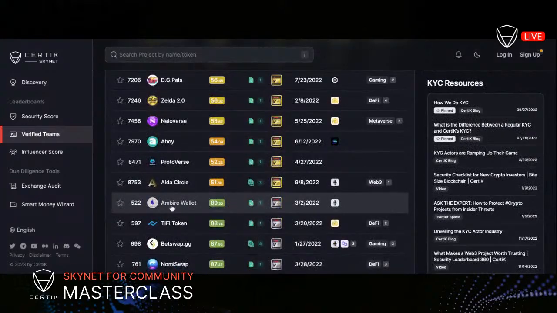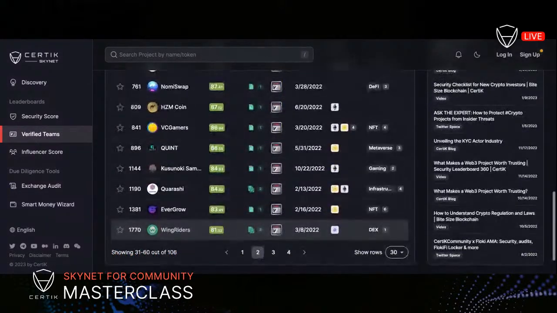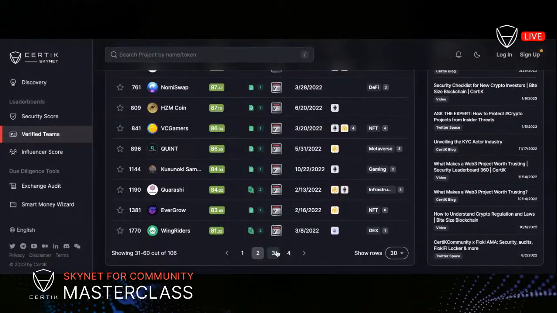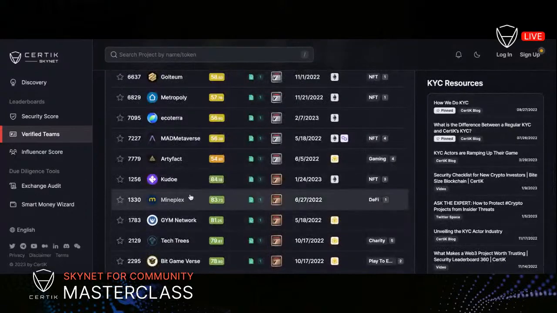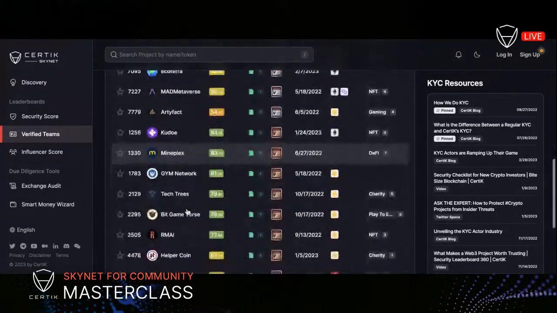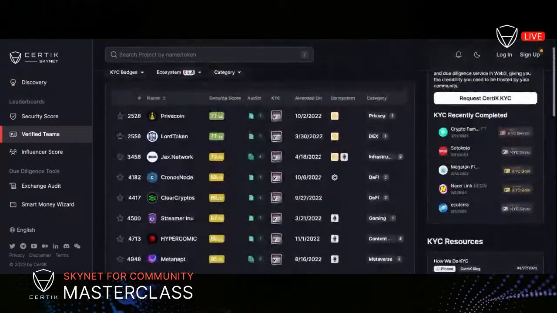So here you'll see the transition from the gold projects over to the silver projects. And again, just because a project is silver doesn't mean it's not trusted, but it's just a medium tier of that high level of trust within our rigorous process. And then here you can see the projects that transition over to bronze. It's good to see so many projects with this verification. I think it's a really powerful signal to the community.